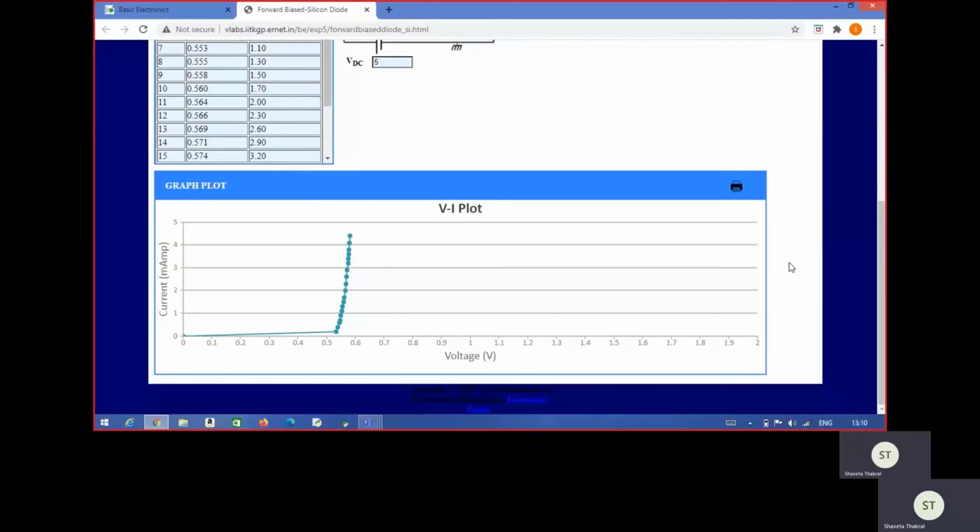Now our aim is to calculate the dynamic resistance of the PN junction diode, and for that purpose we will take the slope in the characteristic curve, and we will take 2 points of the currents and 2 points of the voltages.